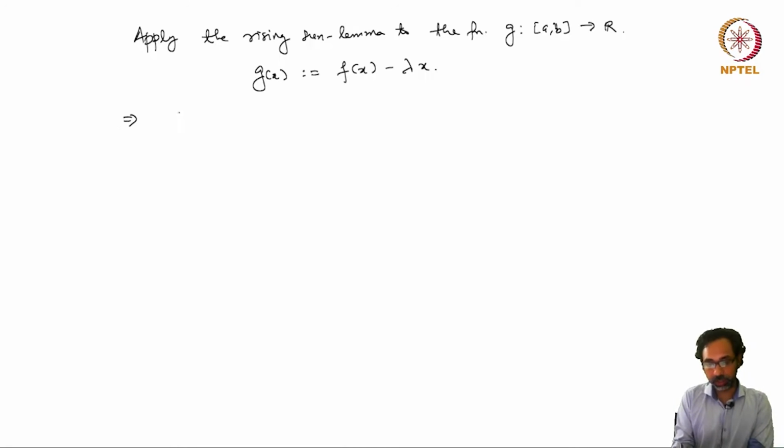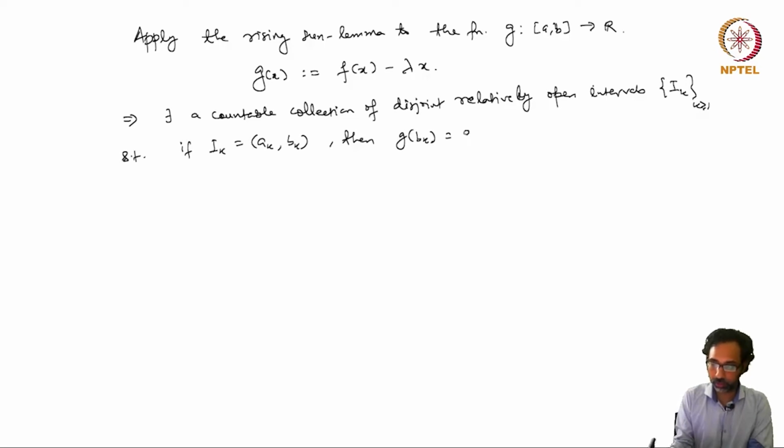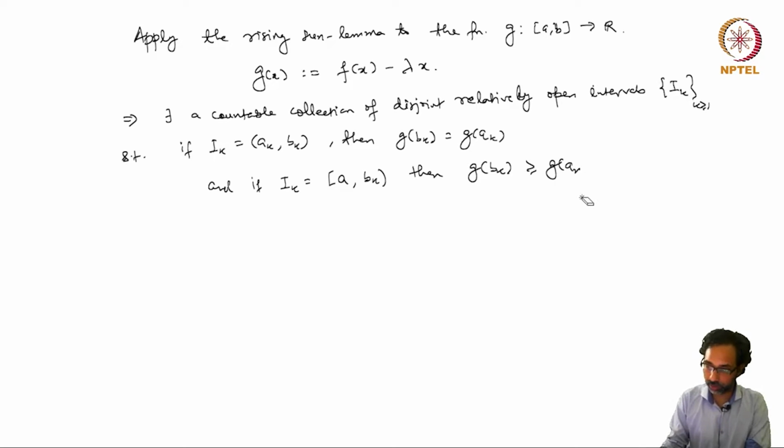So the rising sun lemma implies that there exists a countable collection of disjoint, relatively open intervals I_k such that if I_k equals (a_k, b_k), then g(b_k) equals g(a_k), and if I_k equals [a, b_k), then g(b_k) is greater than or equal to g(a_k).